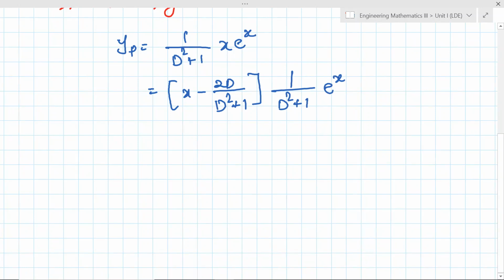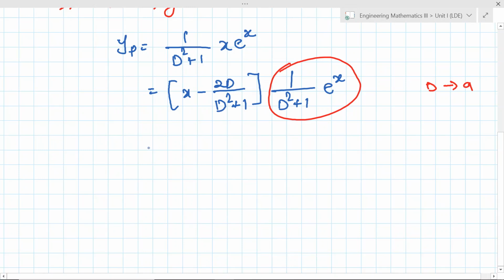Now for this, we will use the first case. What it says is replace D by a. In the first case, if e raised to x is there, we are replacing D by a. What is a? A is 1.